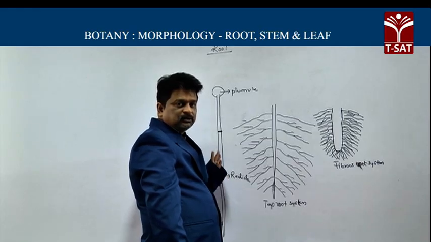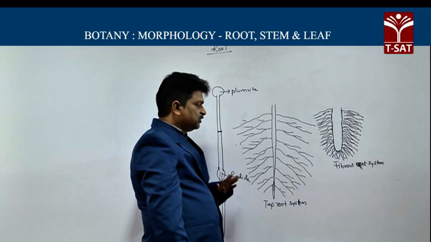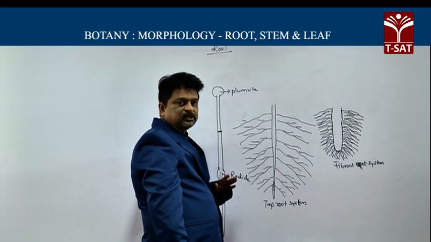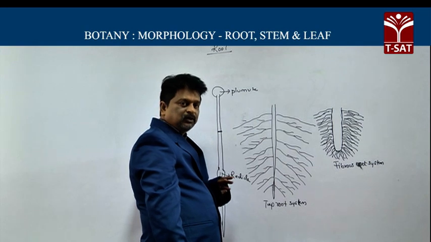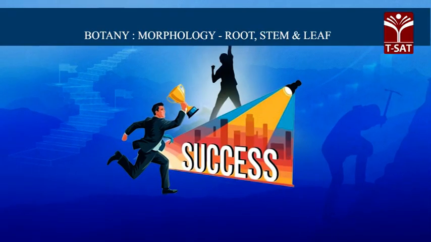It means the taproot system is found in dicots and gymnosperms, the fibrous root system in grasses, and the adventitious root system in dicots, monocots, even pteridophytes. So these are the types of root system.